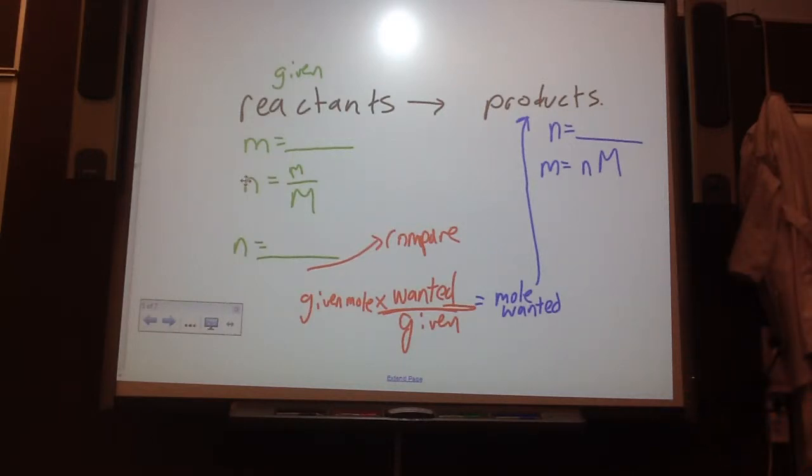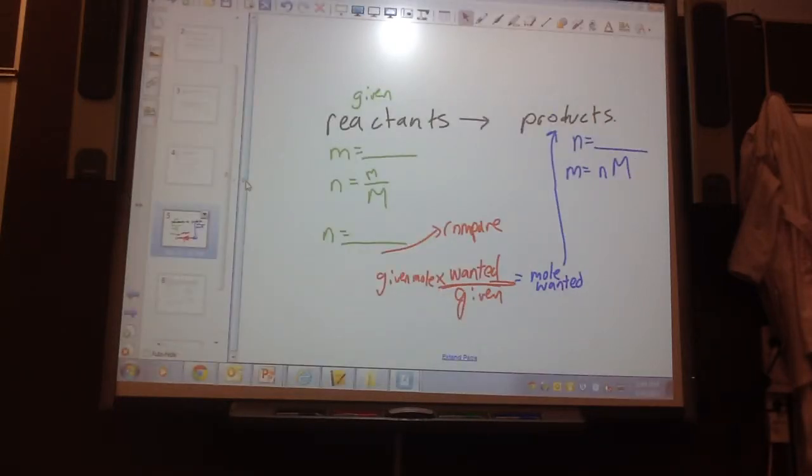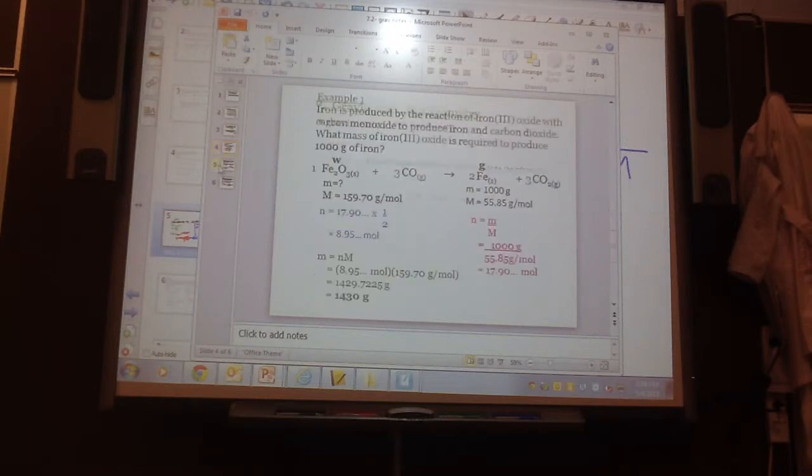So if you can get an idea of this map, find the moles of one thing, do a comparison, find the moles of the next, you'll be cruising. If it's a struggle for you, that's okay too. All levels of understanding are welcome.